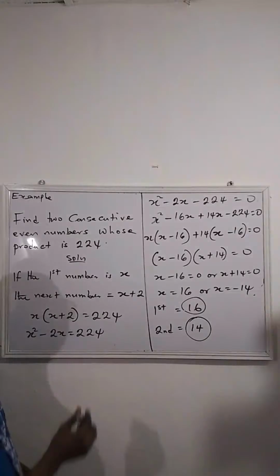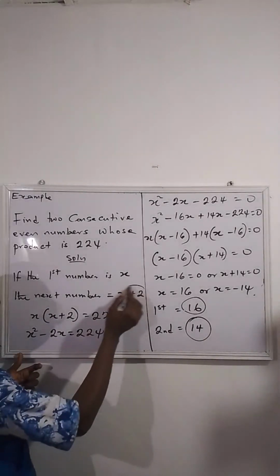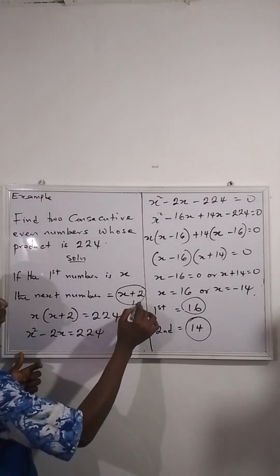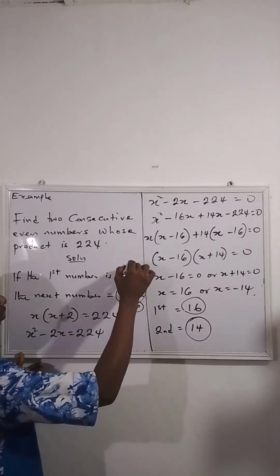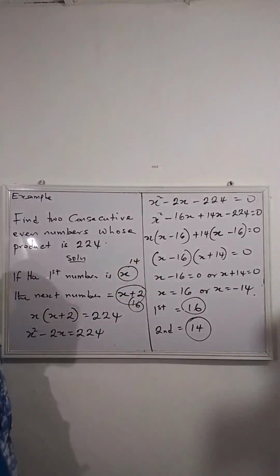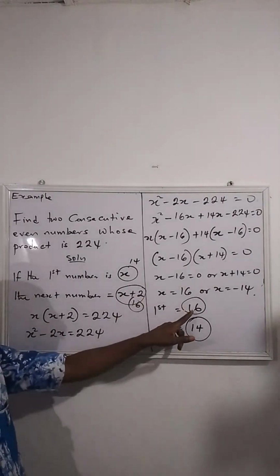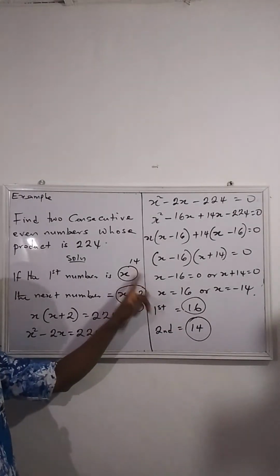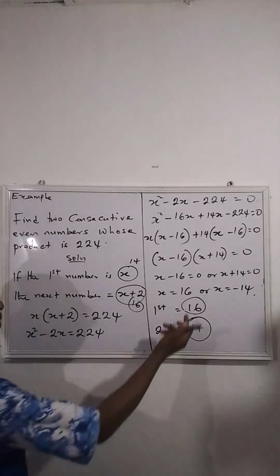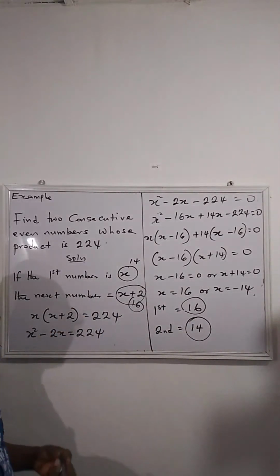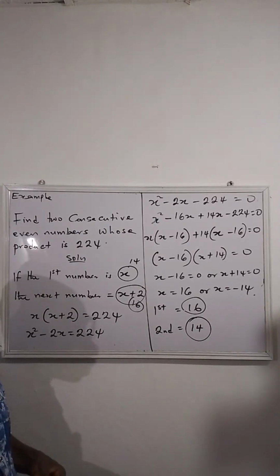So with what we have here, this is 16 and this one is 14. So you have 16 here, and 14 here. You have to check whether the numbers you have are correct.